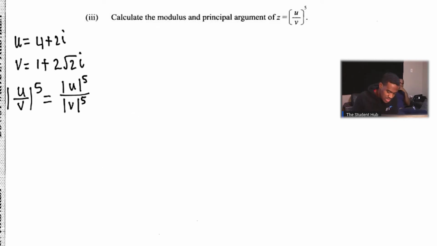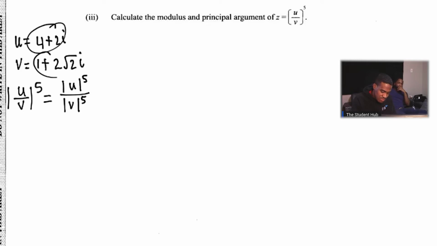And then we could express it as this here, where we have the modulus of u to the power of 5 on the modulus of v to the power of 5. So that's basically what we need to use. We're using this rule, and we have what is u, we have what is v. So it's just a matter of finding the modulus of u and v, and then we could raise it to the power of 5, right?